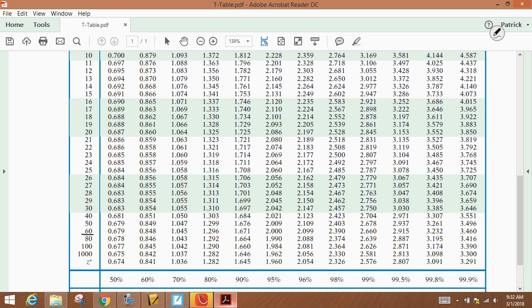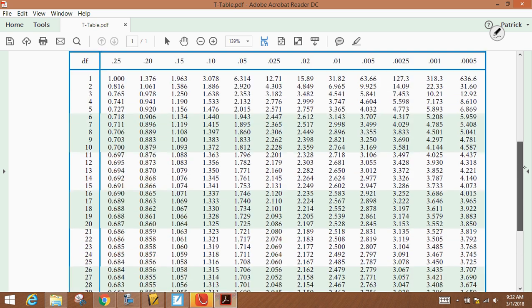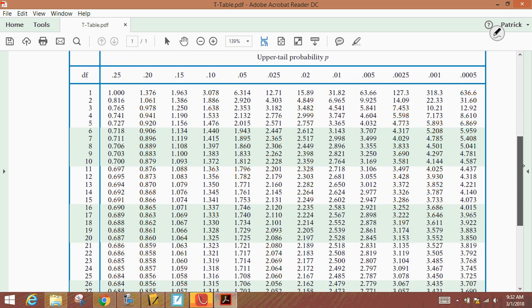between 2. So it's somewhere in here, right? If we're going to use our table. So that is between 0.02 and 0.01.